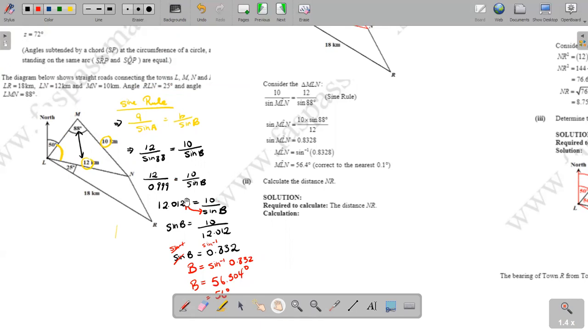Are we good to go? We're going to wrap up this topic just now. We're going to do one more exam question and then that's it. Can I move on, guys?